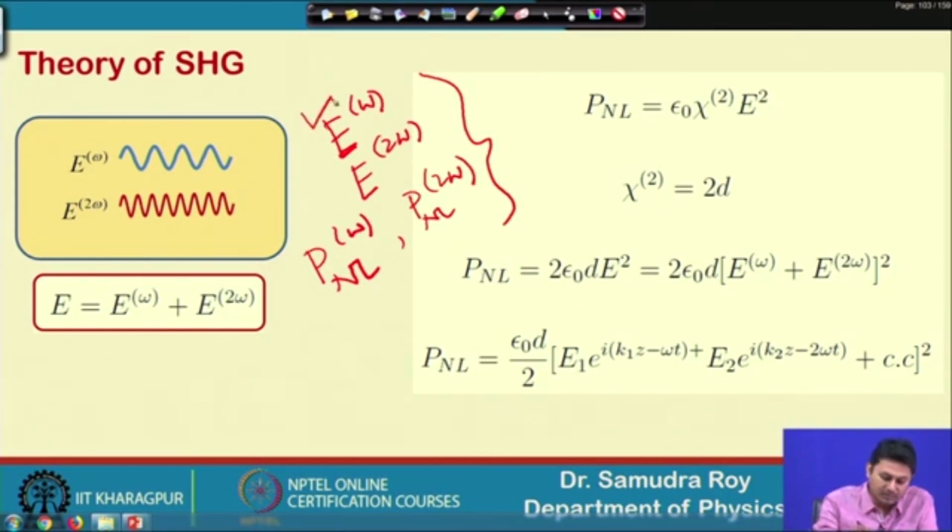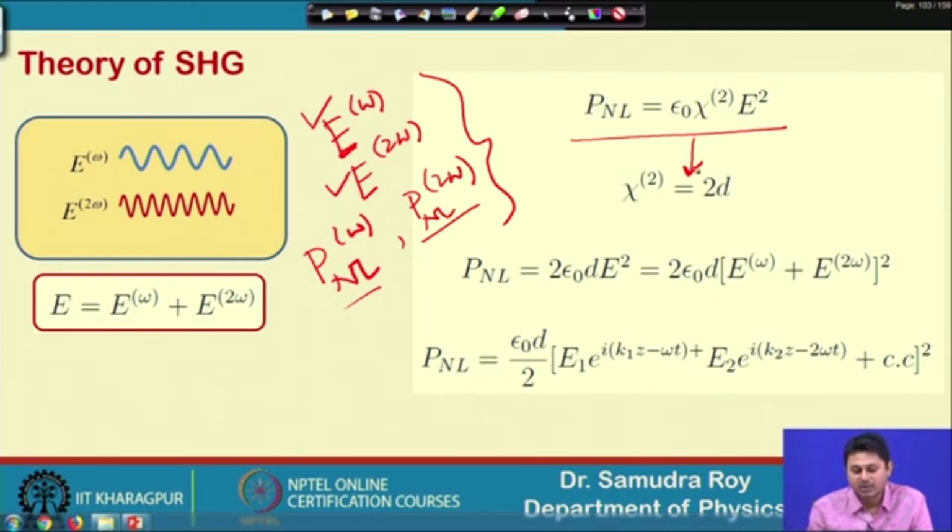So, for this term and this term we know the functional form, but this and this we need to figure out. If I want to find the second harmonic, P nonlinear is nothing but epsilon 0 chi 2 E square. Here we are going to use chi 2 as 2D. For some historical reason people use this D matrix rather than chi 2, so we will follow the same thing.